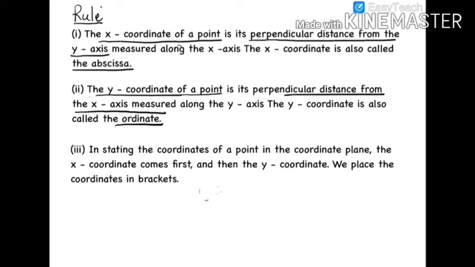When we write the coordinates for a point on the Cartesian plane, the x coordinate always comes first. Then we put a comma and write the y coordinate, and these two coordinates are placed in a bracket. So x, y together gives the position of a point on a Cartesian plane.